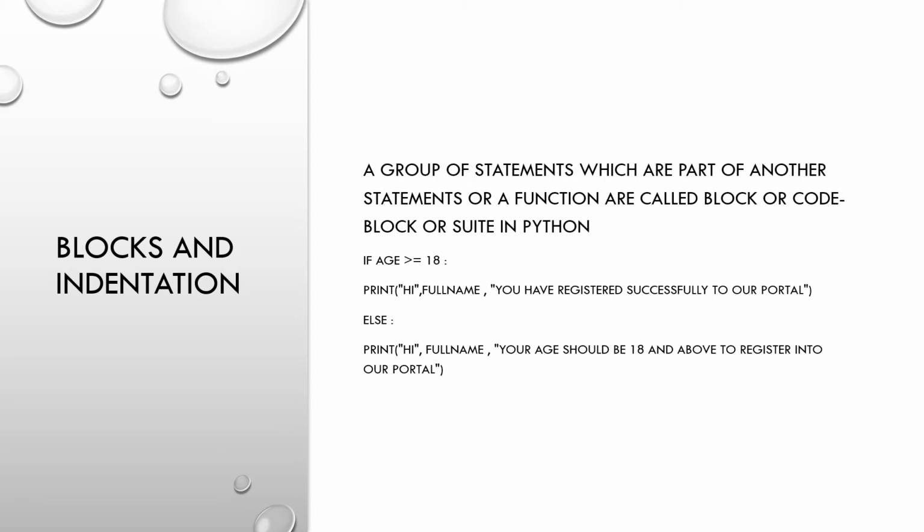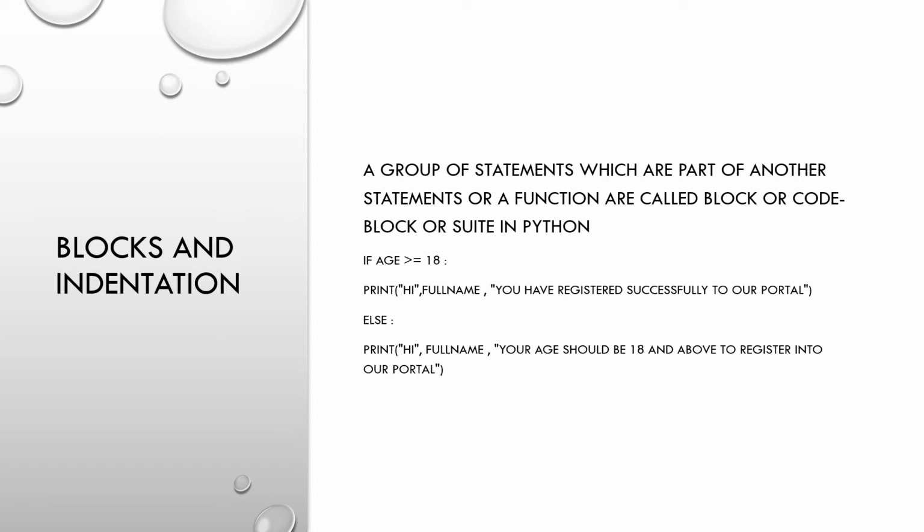Similarly, blocks and indentations are part of statements, and they work based on some conditions. Let's say we are trying to check the age in our program and then allow the user to register in a portal, YouTube, right? So in this case, I have a keyword called if, and I have the variable called age. I'm going to compare that value with the number 18.